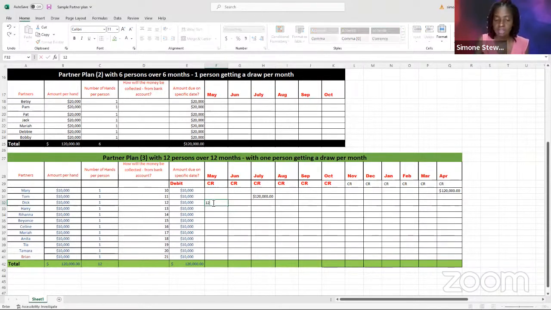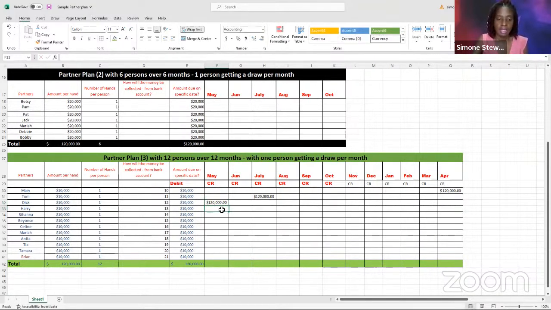So Dick says he wants the first draw. So he is going to get his draw in May. Now, remember, guys, that it is a pooling. If you're just tuning in, it is a pooling of money, right? A fixed sum of money by a fixed group of people to hand over on a specific day for a specific period.